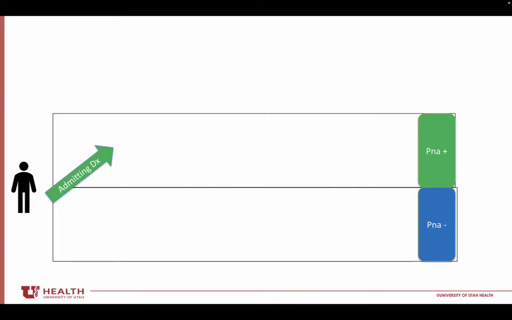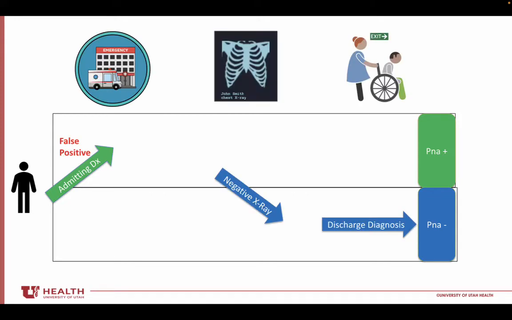But maybe instead, after they were admitted and diagnosed with pneumonia by the emergency physician, the chest x-ray didn't show any evidence of pneumonia, and maybe by the time they're discharged, it turned out they had something else, like congestive heart failure. And so that means that in this initial period, they were maybe getting treatment that wasn't good for them, like antibiotics, or they were missing out on treatment for whatever diagnosis they ultimately had.